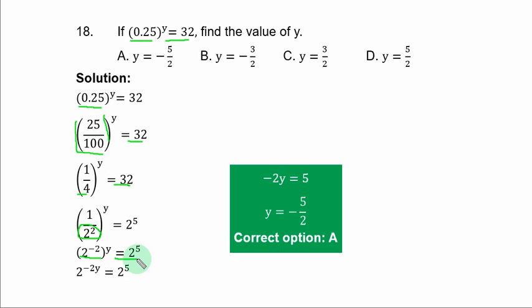If you multiply the powers, you have 2 to the power minus 2y equal to 2 to the power 5. If you equate the bases, you have the powers equal. That is minus 2y equals 5. Divide through by minus 2, y is equal to minus 5 over 2. A is the correct option.